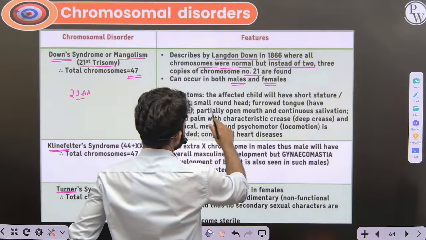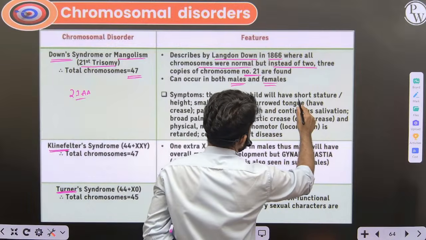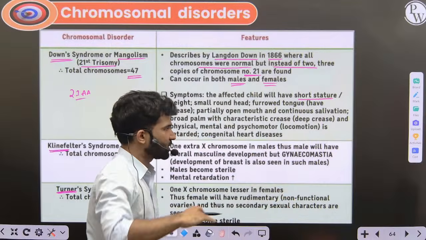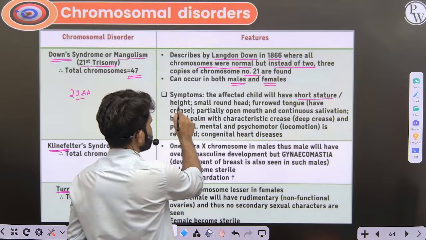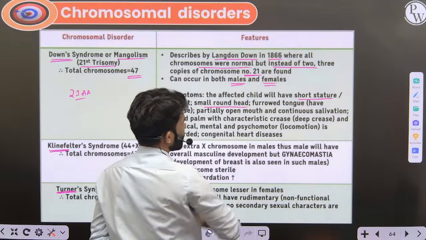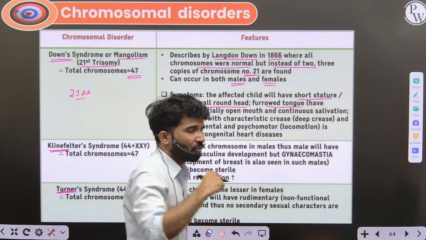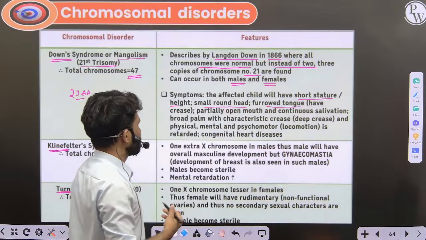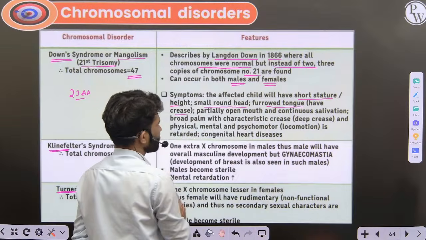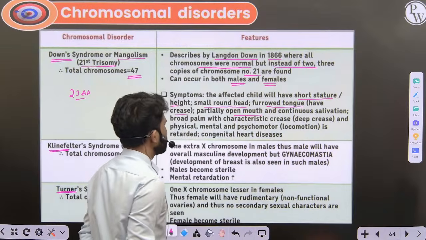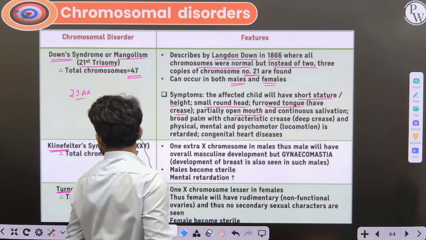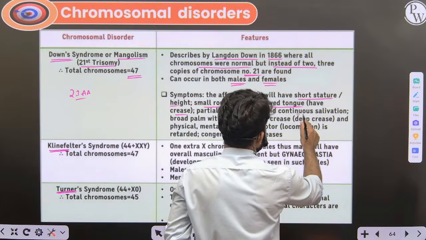So what are the symptoms here? The affected child will have a short stature, stunted growth, height is less. It has a small round head. The tongue is furrowed and protruding, and the mouth is always open, with continuous salivation.